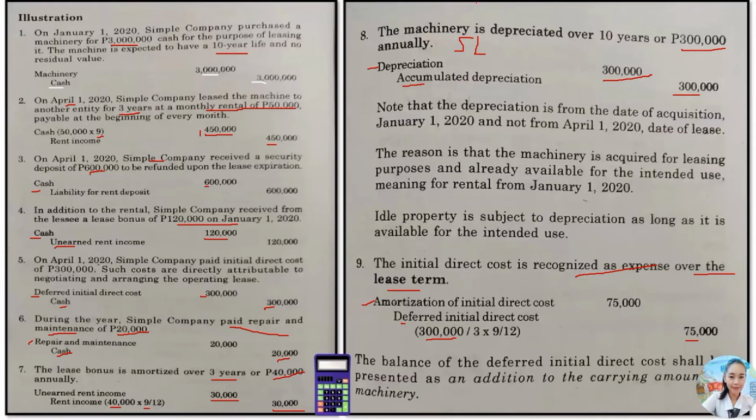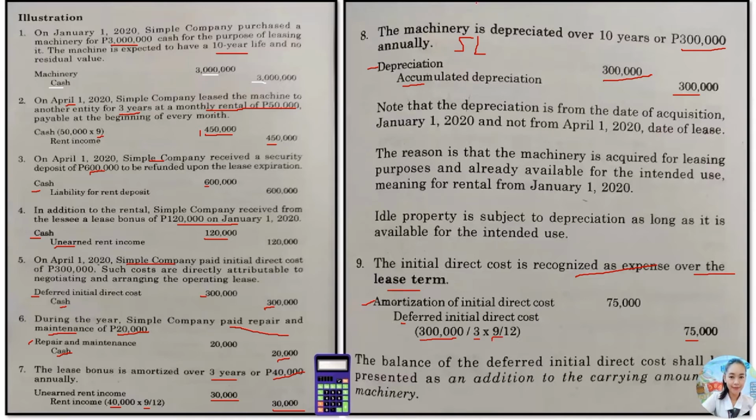Simple Company paid direct cost of 300,000, and that would be amortized over 3 years, since the lease term is 3 years. So 300,000 is divided by the lease term of 3 years, and since the rent to another entity commenced in April, that would be 9 months from April to December.